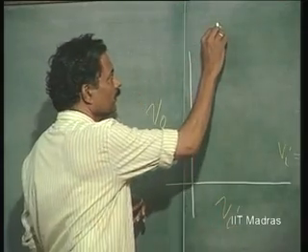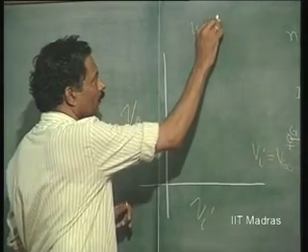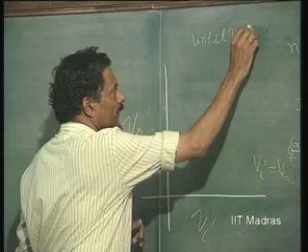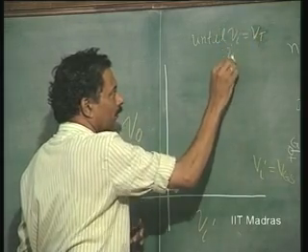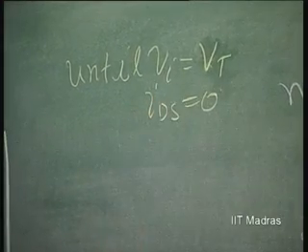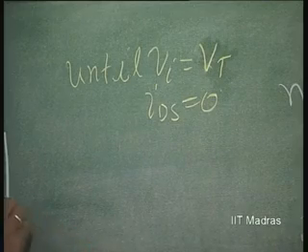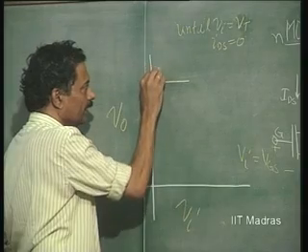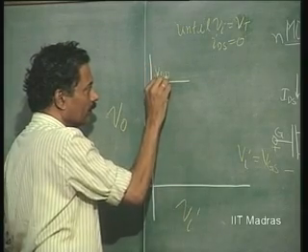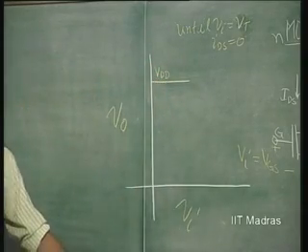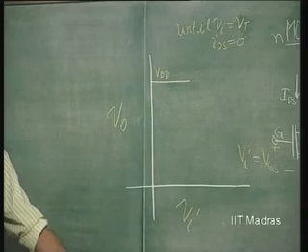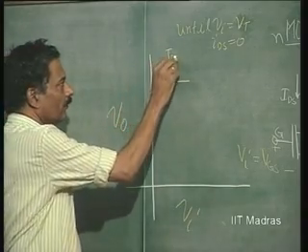So, until VI equal to VT is reached, IDS is equal to 0. The transistor T is off. So, output is going to be at VDD, because IDS is 0, T is off.